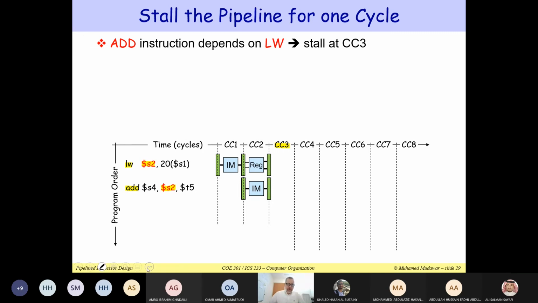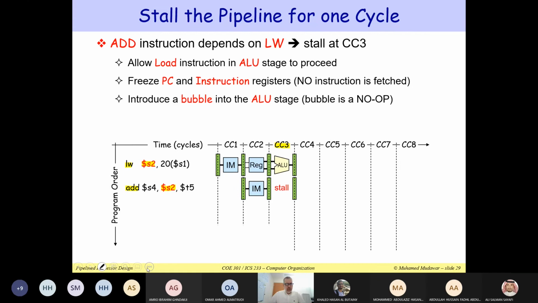So the bubble here means we are going to stall the pipeline. Notice that this is called a stall, which means that we freeze the PC, the program counter. We do not fetch the next instruction in memory. Notice that the load instruction is allowed to proceed to the memory stage during clock cycle number 4, but we freeze the program counter.